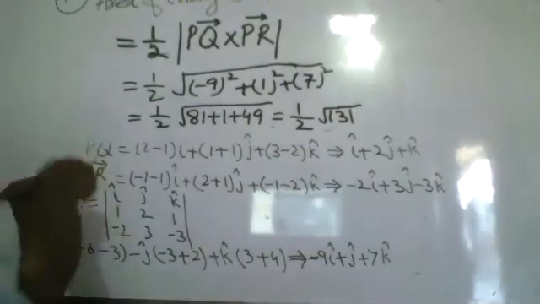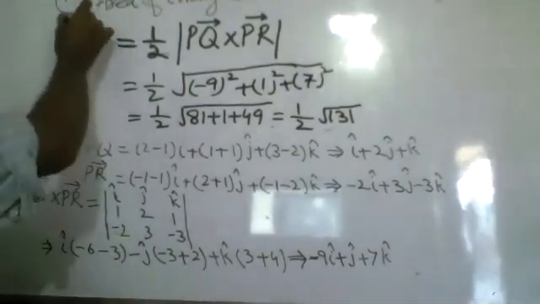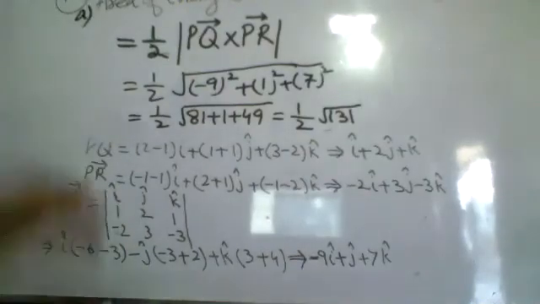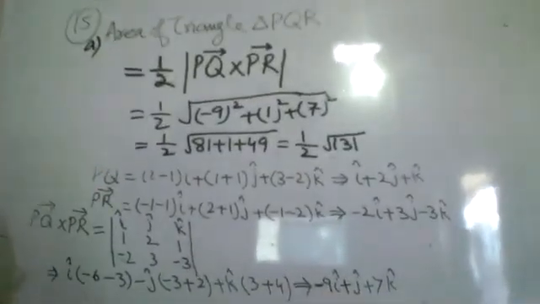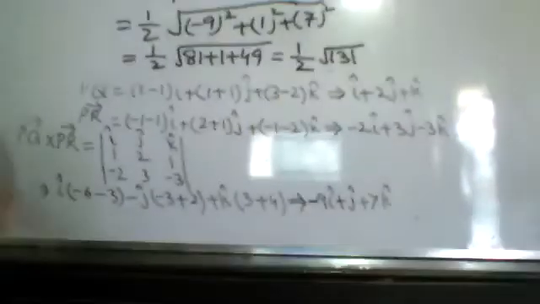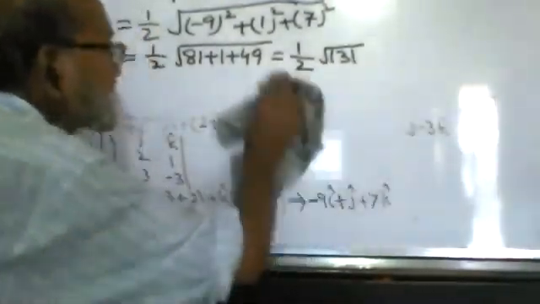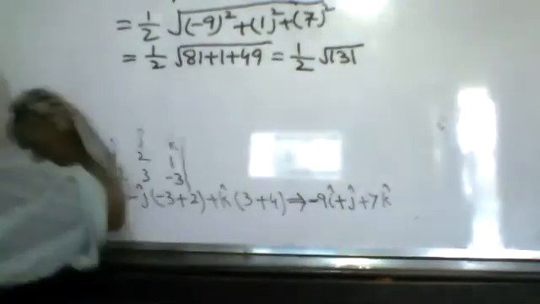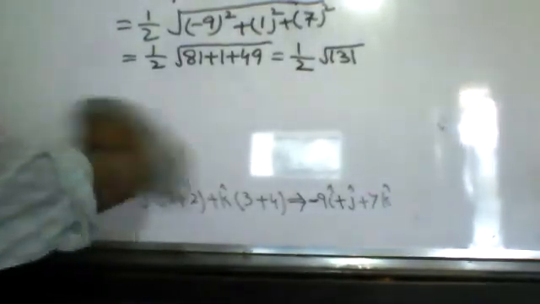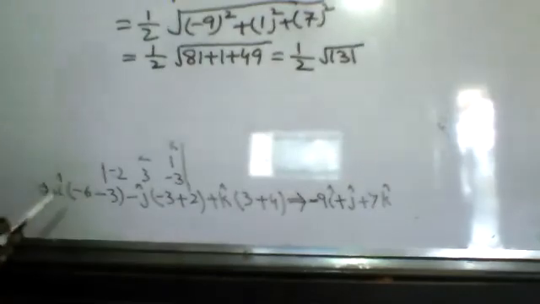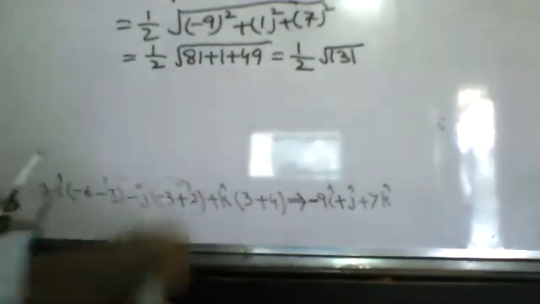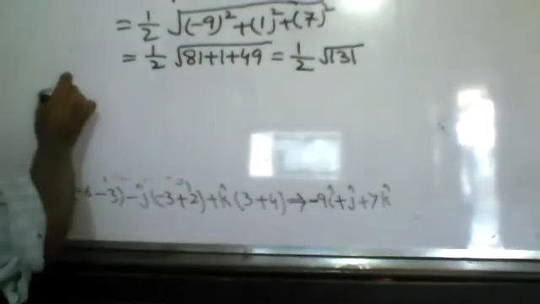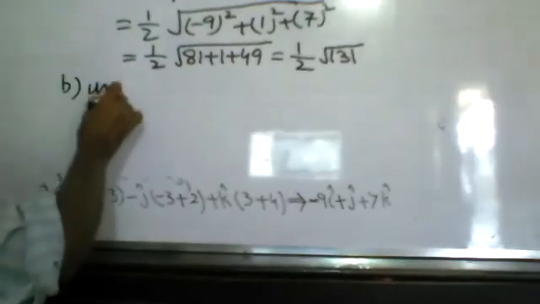That was the A part, area of the triangle, and now the B part, unit vector.